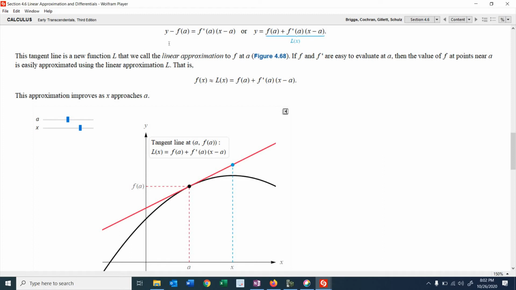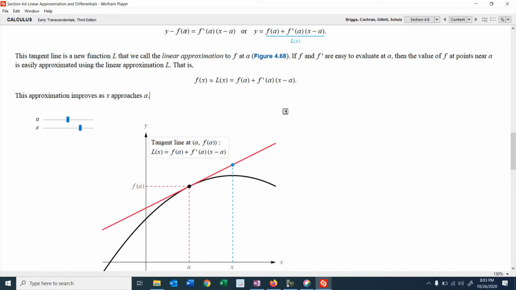And remember, the point slope formula says y minus y1 is equal to m times x minus x1. And notice here, x1 is A, and y1 is f of A. So this is x minus x1, x1 is A, and this is y minus y1, and y1 is f of A. Then the slope is the derivative evaluated at A, so f prime of A. Okay, so using the point slope formula, we can come up with the equation of this tangent line.